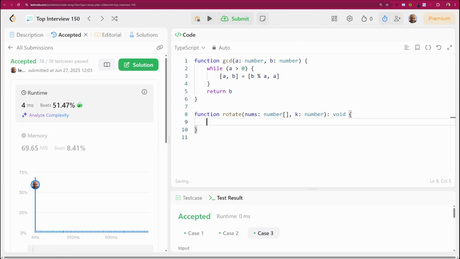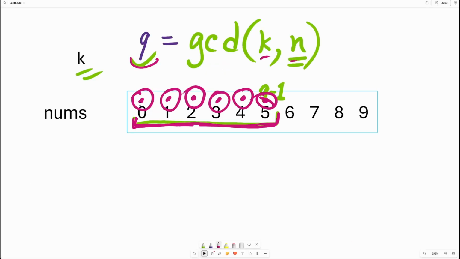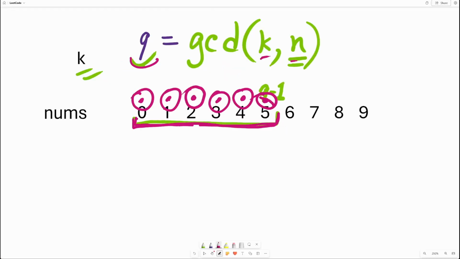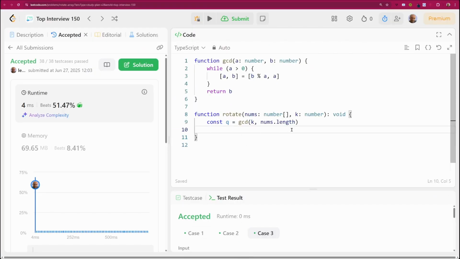Now, what did we say? I just almost forgot. So we're going to take the GCD, right? The first thing we need to take the GCD. So we'll call it Q. Let's take GCD of, and we said K and the length of the array, right? I think that's what we said. Yes. Now we're going to do a small loop, right?